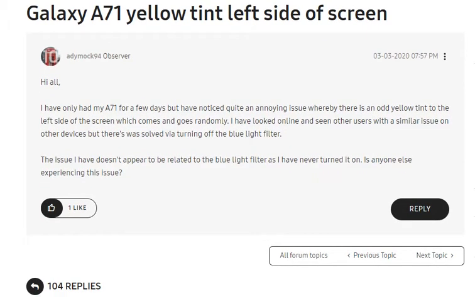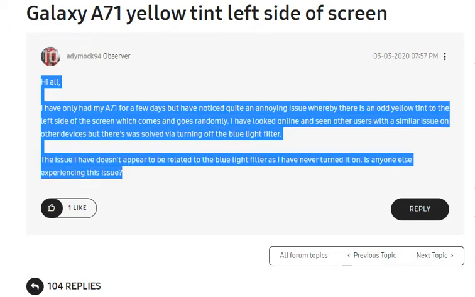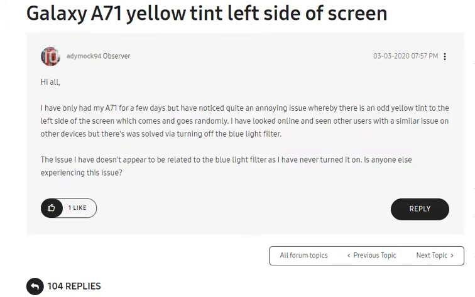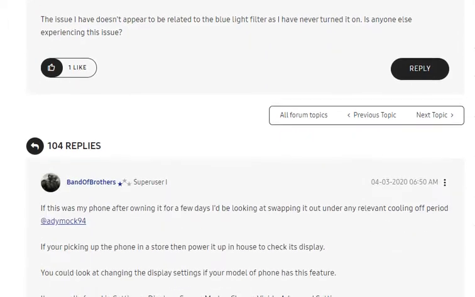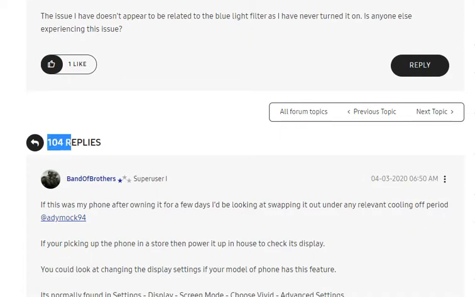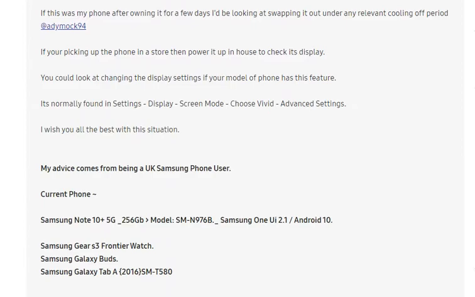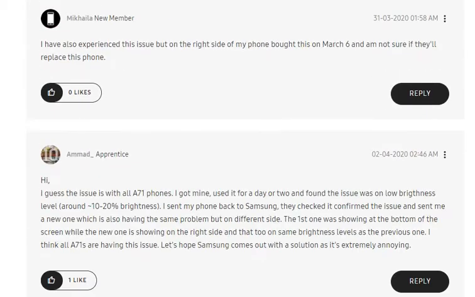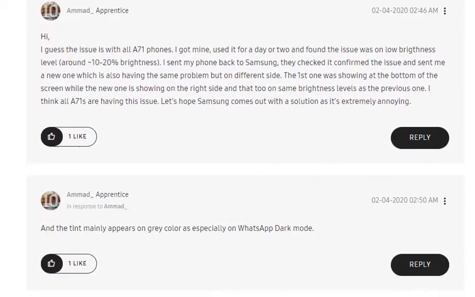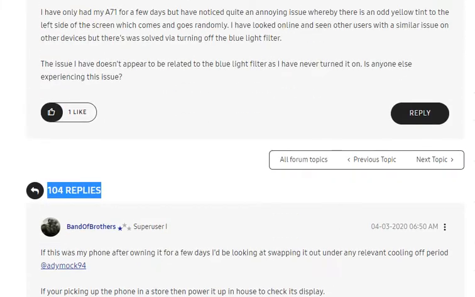This guy mentions that he is having this issue, and there are almost 104 replies. So quite a lot of people are facing it, and that's why they are commenting about this.